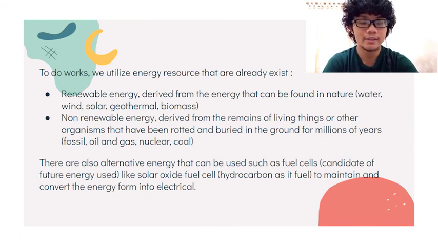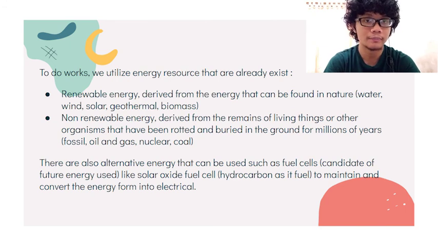The second one is non-renewable energy, which derives from organisms, living things, and can no longer be renewed if the sources run out. Examples of non-renewable energy are nuclear, oil and gas, and so on.